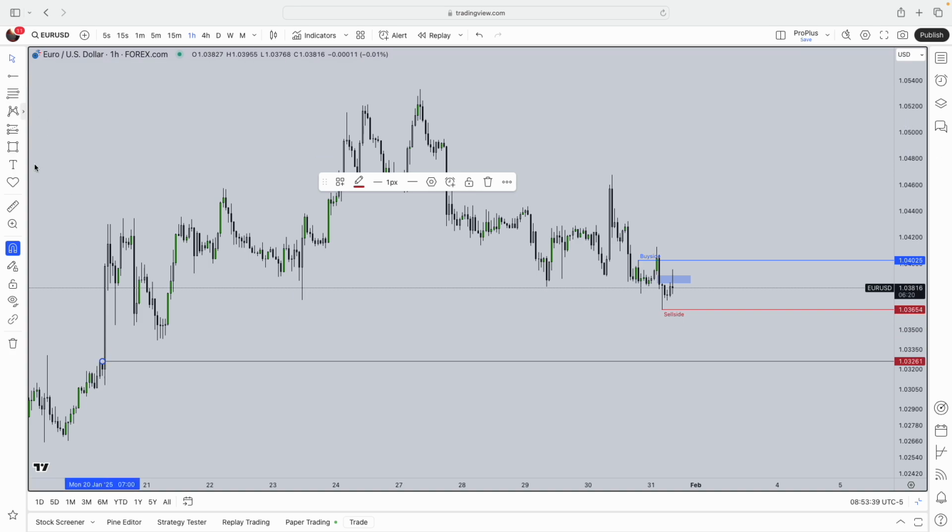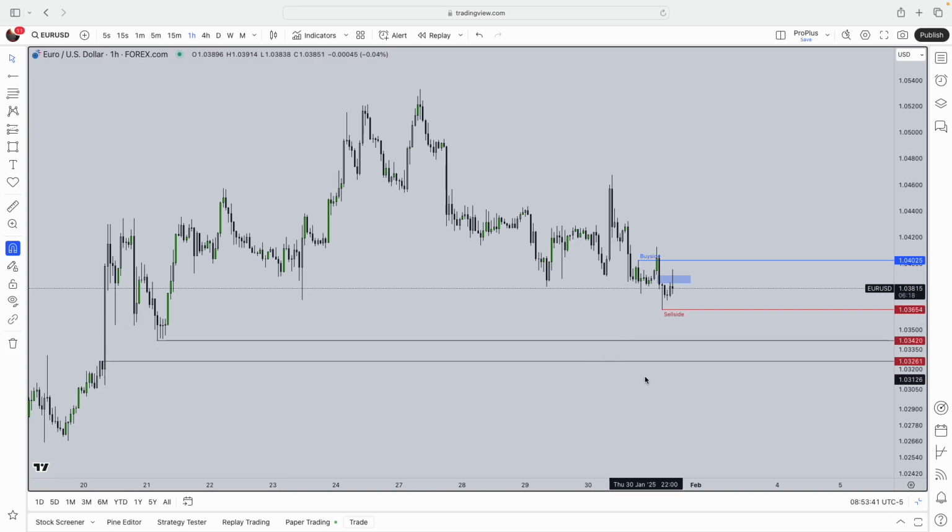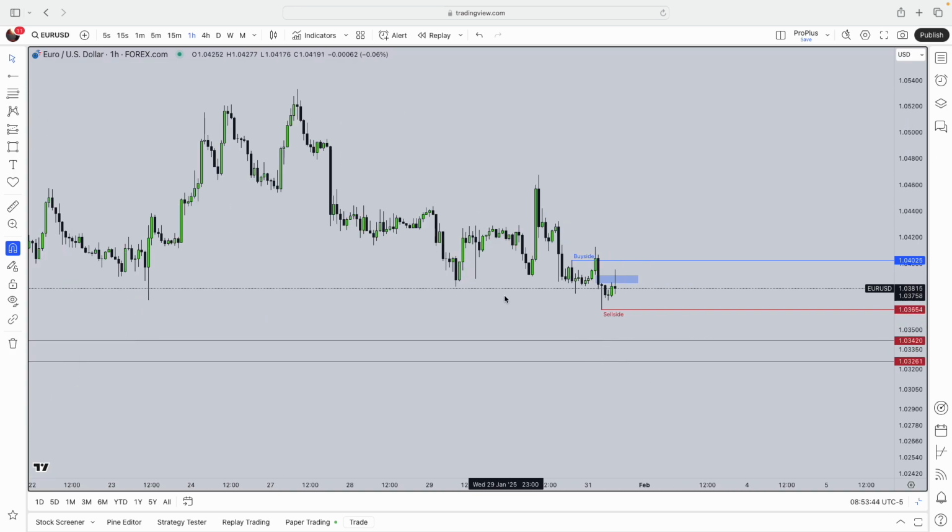And then this inefficiency here. So that's where I see euro and cable and dollar going now. So I'll update you guys maybe at the end of the day just to see where price ended up, and if there was any trading setups then I will show you guys. But for me, I think that I will be sitting on my hands.